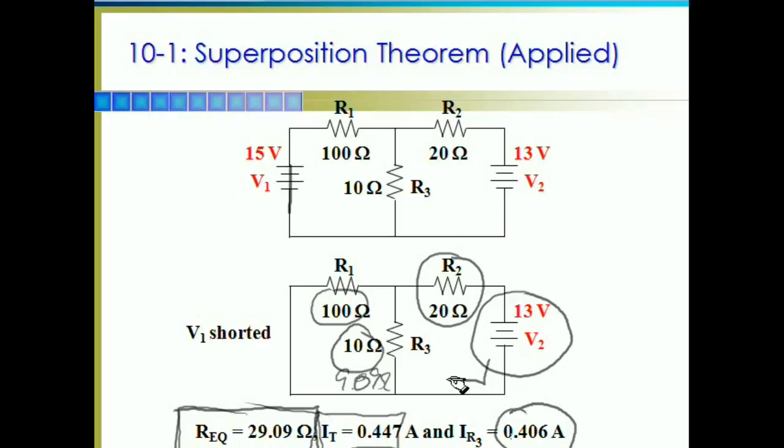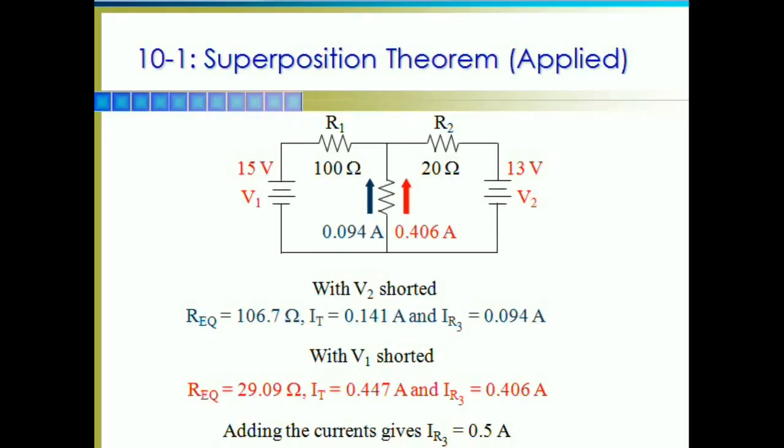So that's the current flowing this direction. Now you see that the current is flowing in the same direction between the 2 sources, which means we get to add that current up once again, and the current flowing through our 10 ohm resistor is 500 milliamps, or half an amp. And that's what the next slide is going to show us. And there we go.